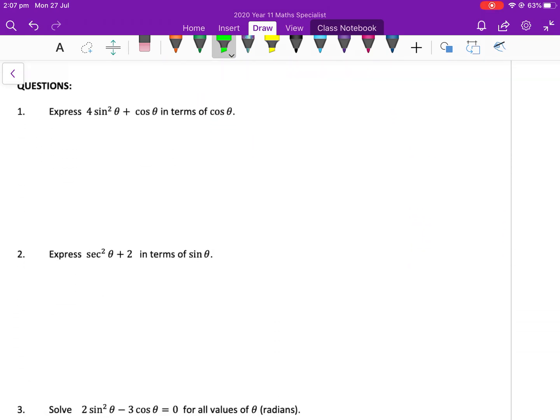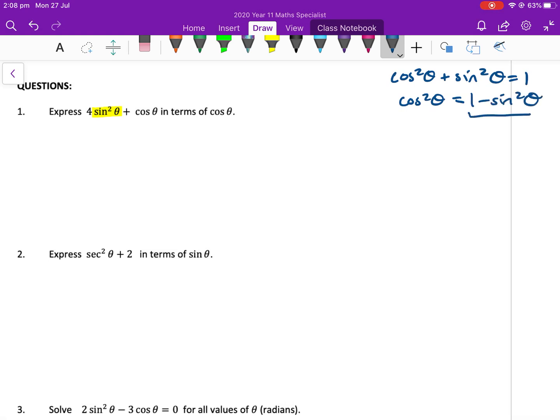So in our first question, it says express 4 sine squared theta plus cos theta in terms of cos theta. Now, we want to get rid of the sine squared theta. Well, straight away, we can manipulate our original Pythagorean identity, cos squared theta plus sine squared theta equals 1. We can rearrange this to say cos squared theta is represented by 1 minus sine squared theta.